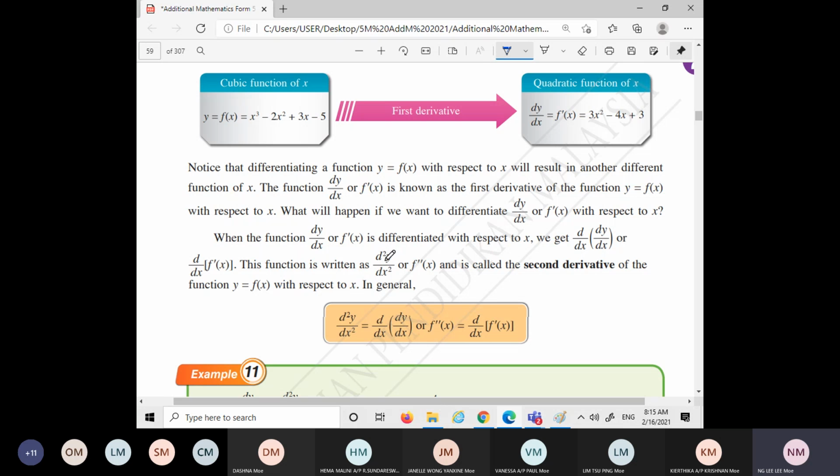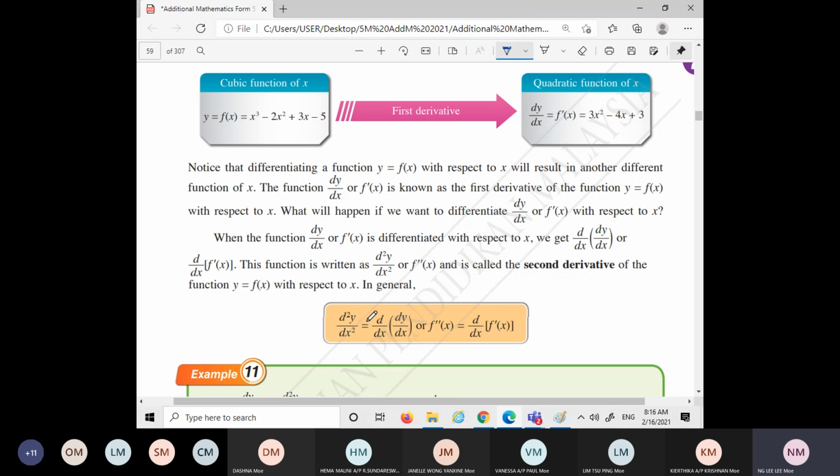I don't know how to read this, so I will just read d squared y over dx squared, or f double prime x, is called the second derivative of the function y = f(x) with respect to x. So in general, this is the meaning.